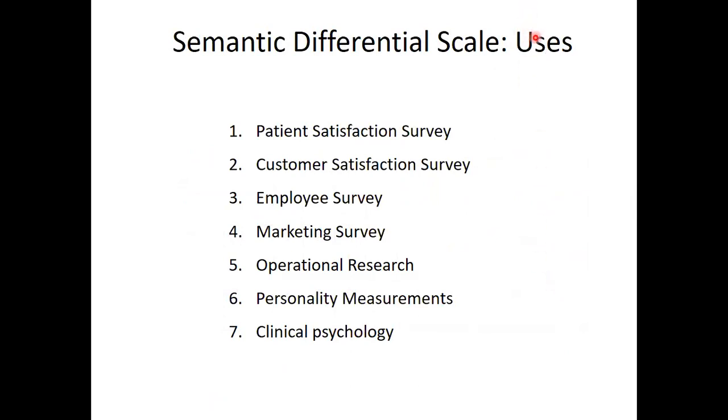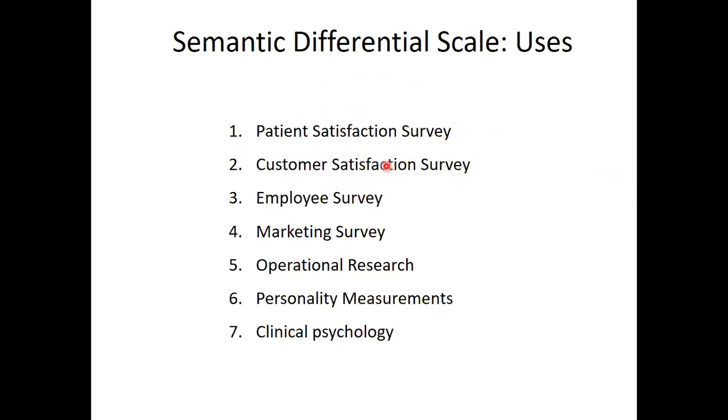Now, uses of this type of scale. Maybe you want to measure patient satisfaction. Maybe you're dealing with patients and you want to rate satisfaction, customer satisfaction. That would be in medical studies, but even in human resources that is possible.